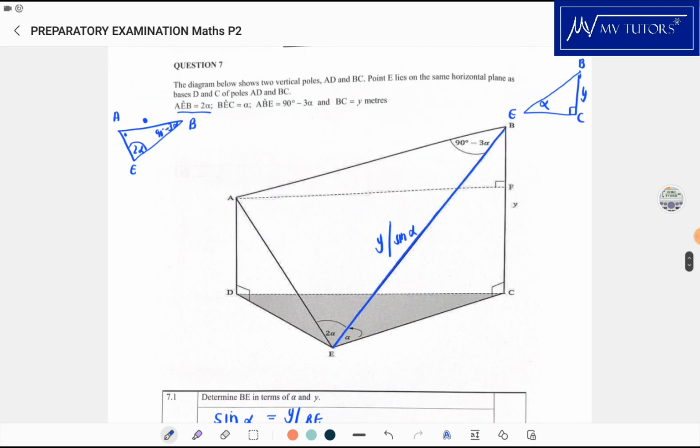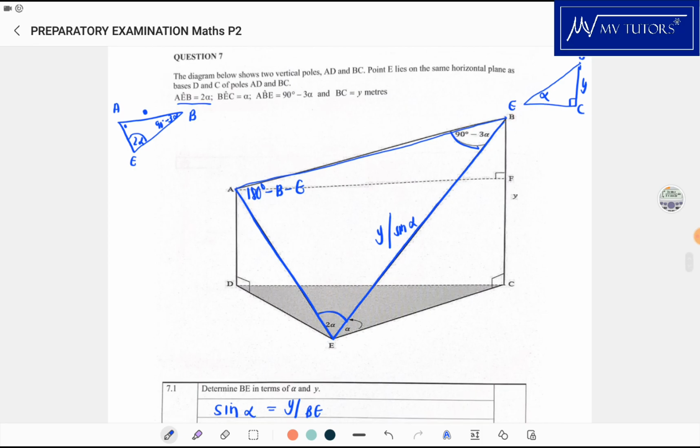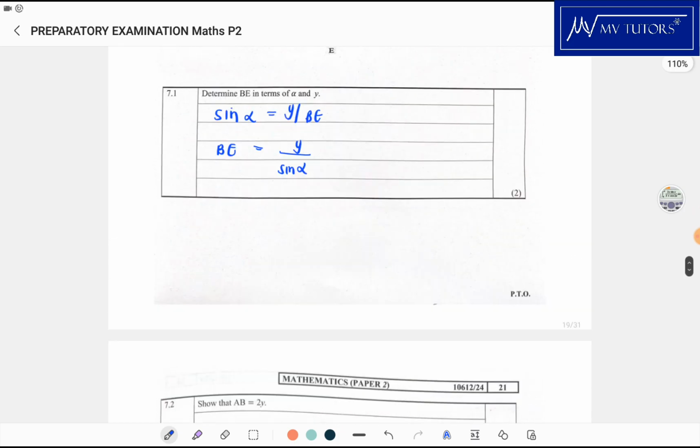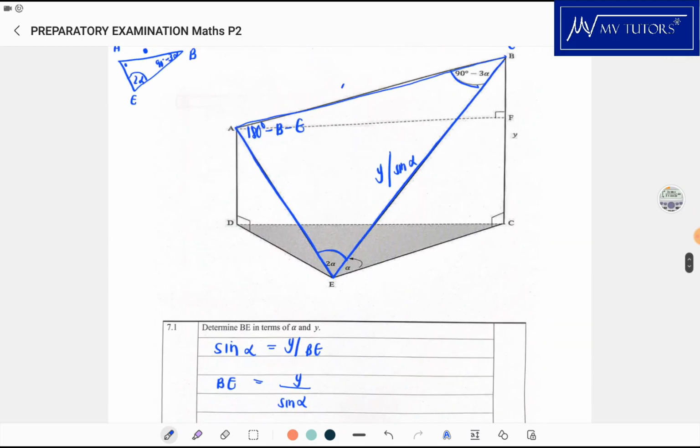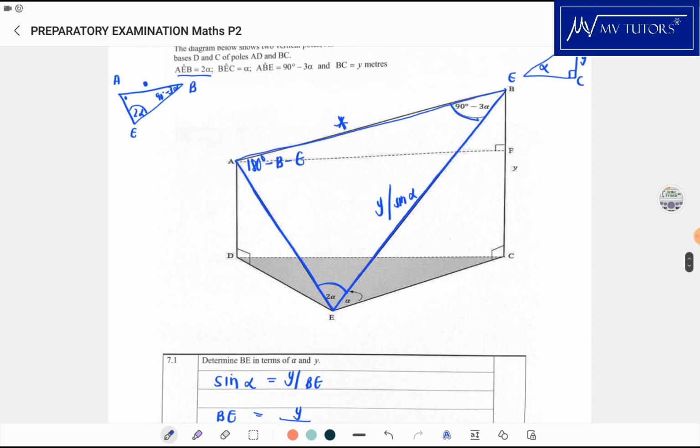And if we're looking at this triangle, AEB, we have 2 angles, angle B, angle E. We can get A by saying 180 minus B and minus E, if we really wanted to. And we have one side, and we're looking for AB, right? This is what we're looking for, I think.